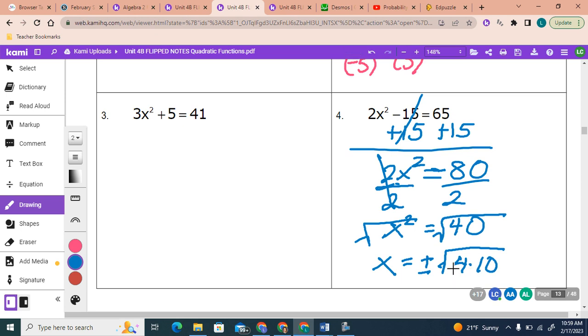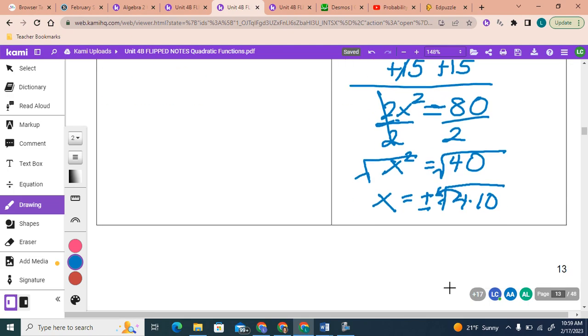What's the square root of 4? 2. That is going to come out right in front of my square root like we've been doing before. So x equals plus or minus the square root of 4 is 2. And can I do anything with this 10? No. So I leave it under the square root.